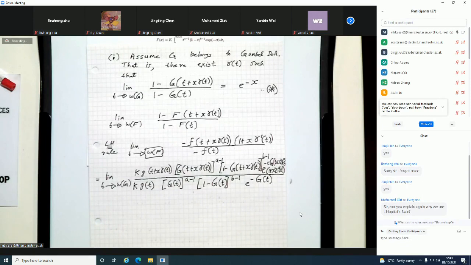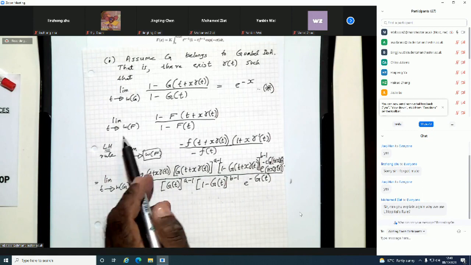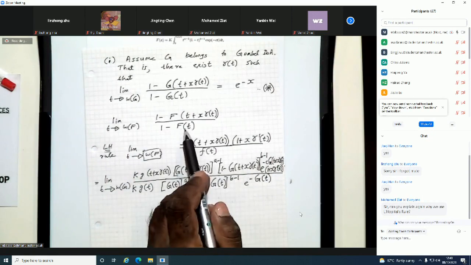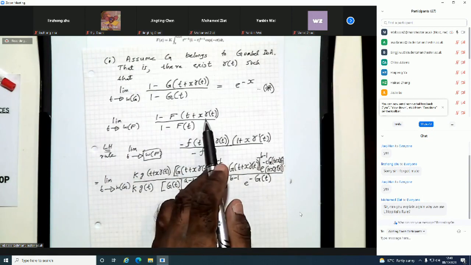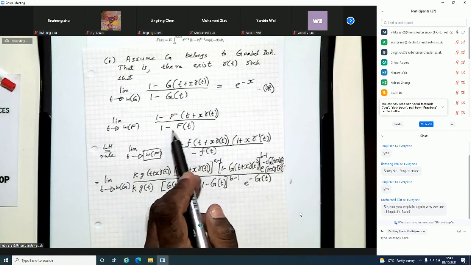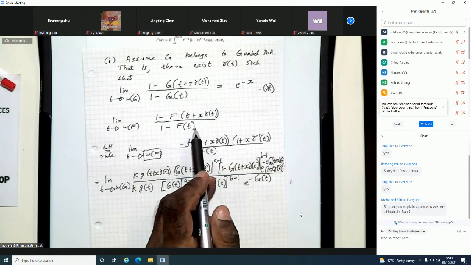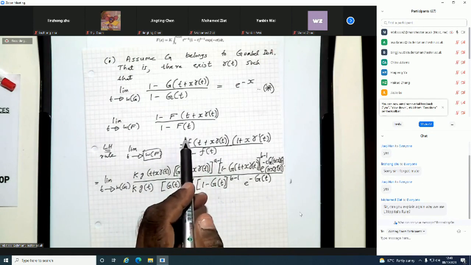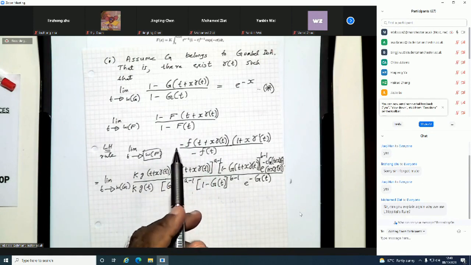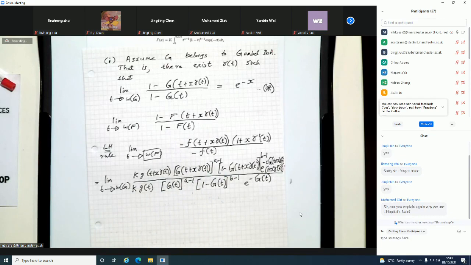Muhammad, the reason I'm using L'Hopital's rule is because as t goes to the upper end point of f, this goes to 1, and so does this one, right? So you have 1 minus 1 divided by 1 minus 1, meaning 0 divided by 0. So hence you can use L'Hopital's rule. Is that clear?